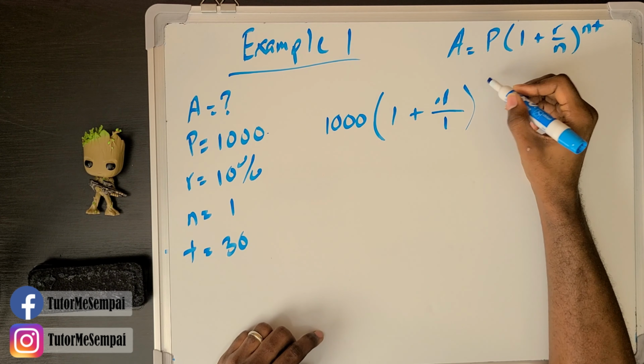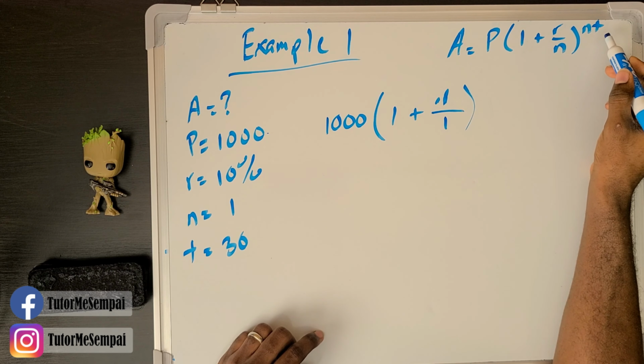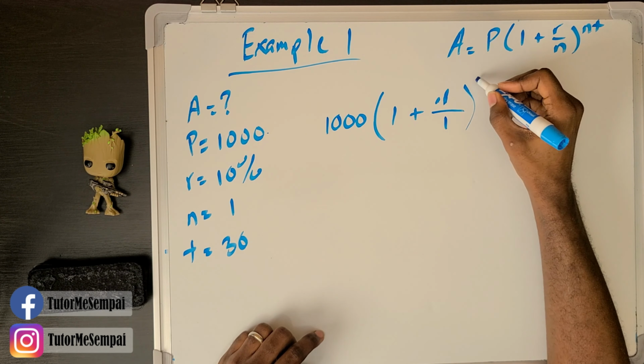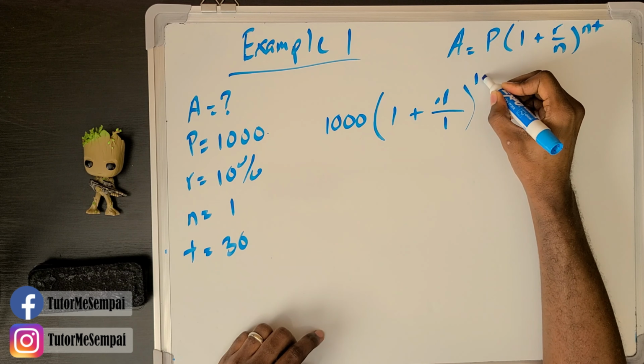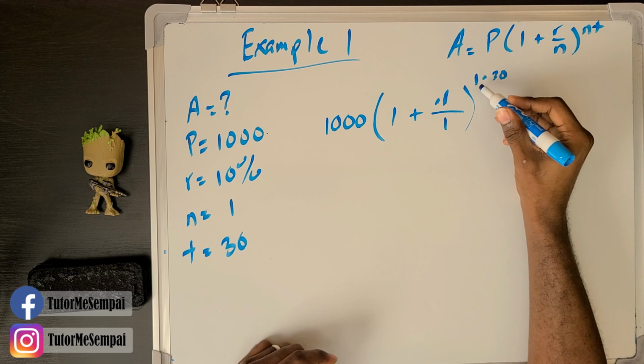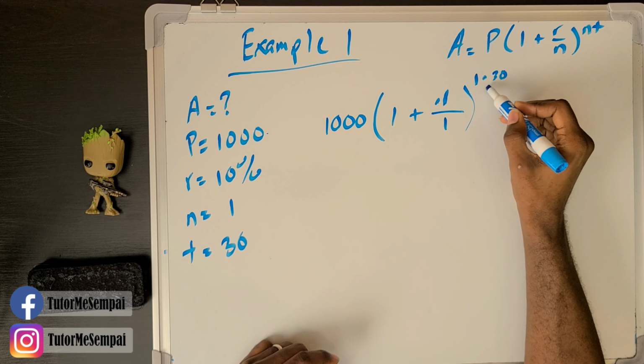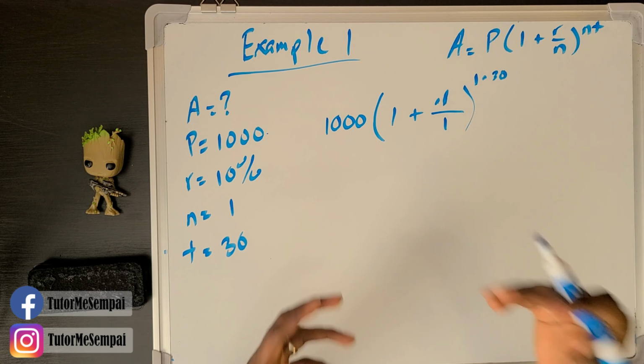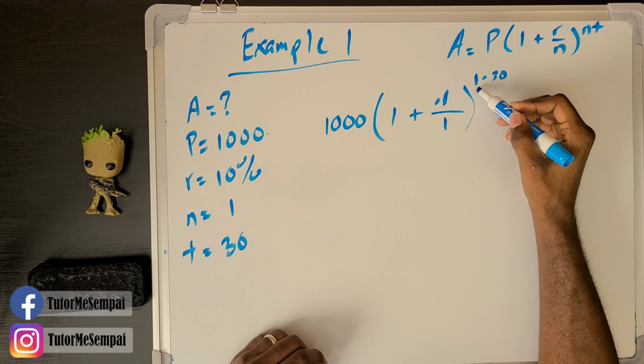Now we have to raise it to the N times time. Now, this is going to be 1 times the amount of time, which is 30 here. So as N increases, you see that you're going to be multiplying by a higher number of compounding. So this is just going to be 1 for this example.